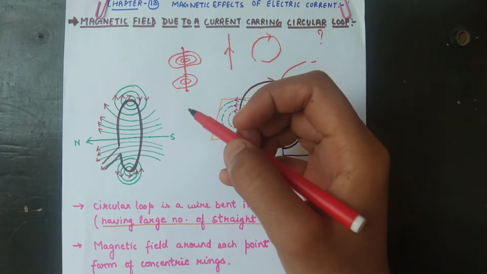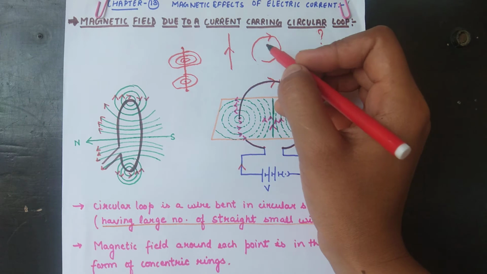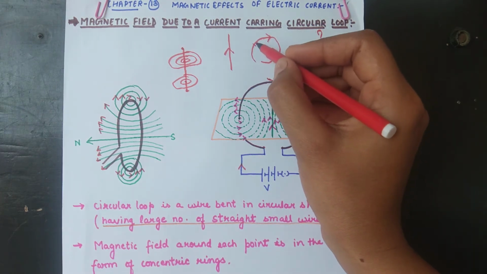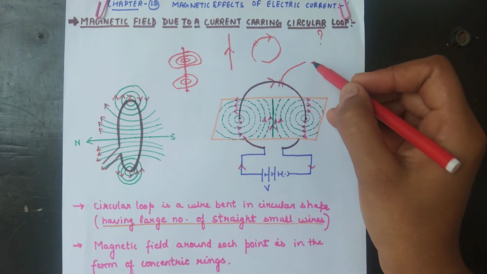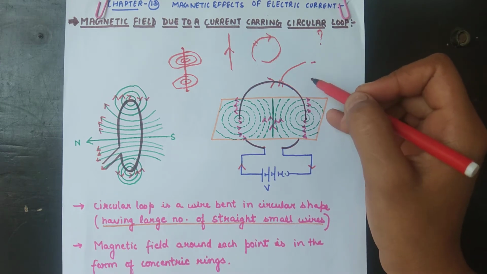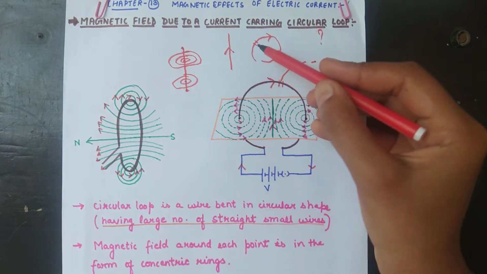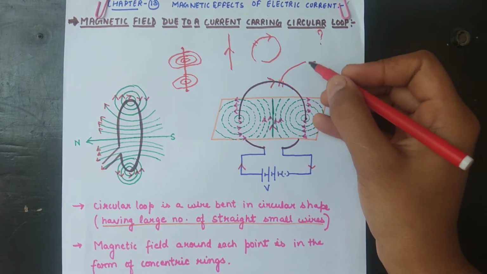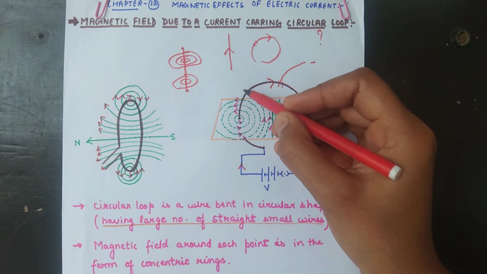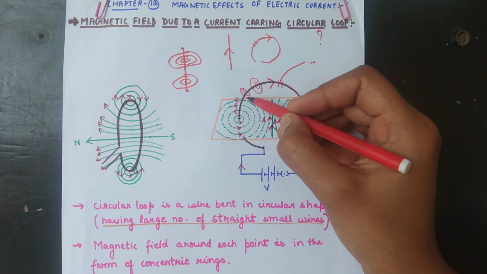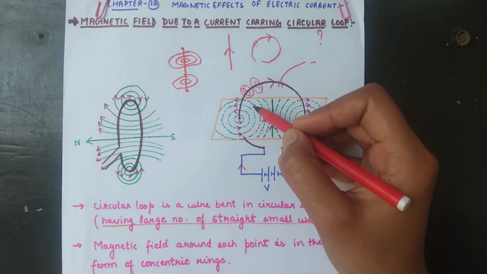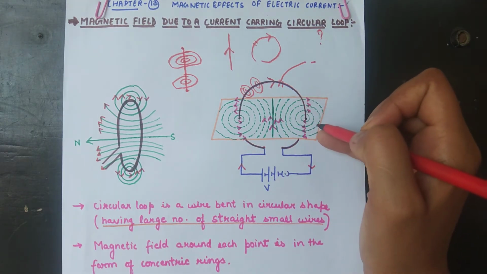Suppose we have a ring and we cut its smallest part; we are not able to determine whether this smallest part is straight or curved. So the very small part of the circular loop acts as a straight conductor, and around every straight conductor the magnetic field is present in the form of concentric circles. So at every point the magnetic field is present in concentric circles, but we have shown the magnetic field due to only two points.